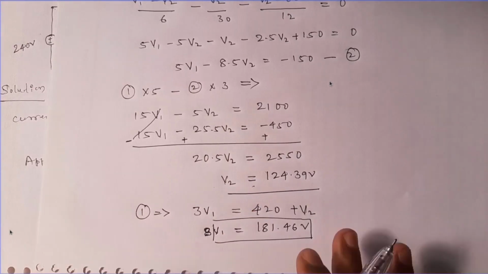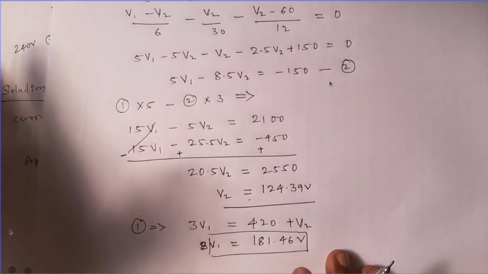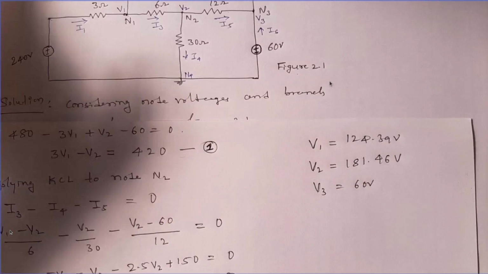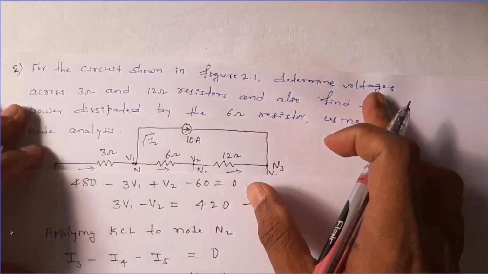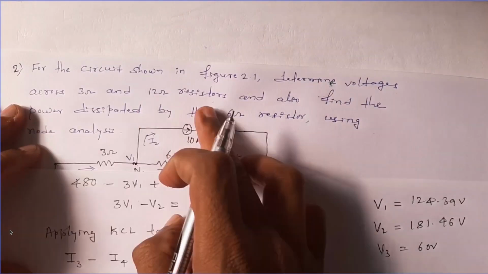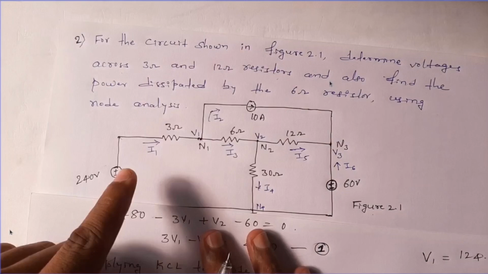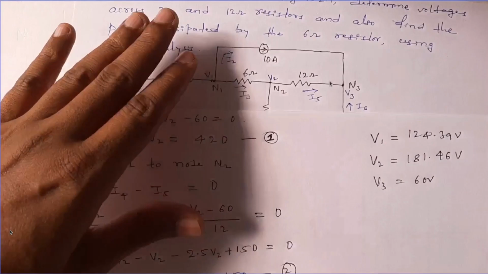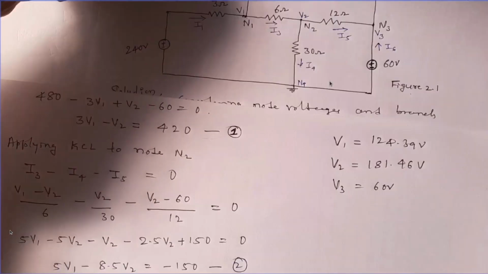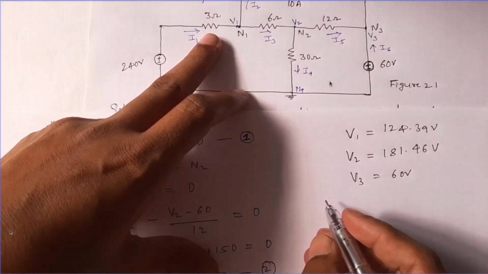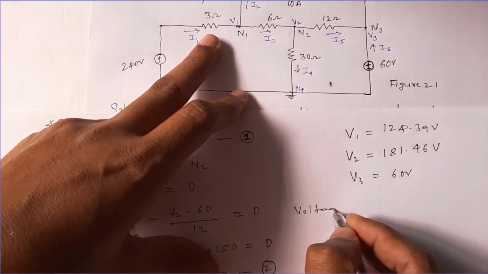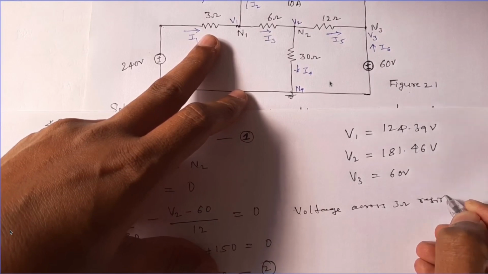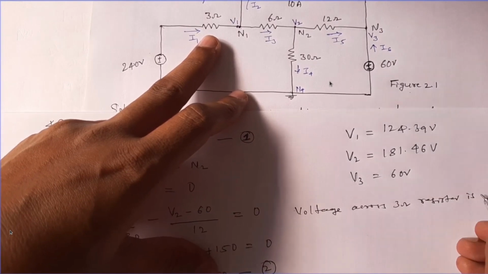But dear students, what is our intention? We found node voltages V1 and V2, and V3 is already known to us. Now our intention is to determine the voltages across the 3 ohm and 12 ohm resistors. If you see, the voltage across the 3 ohm resistor is V3 ohm.